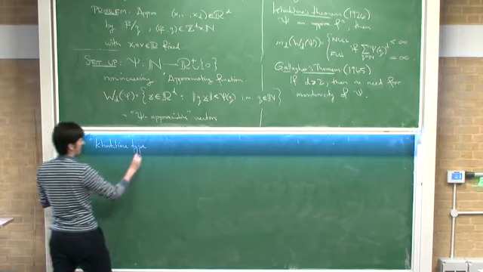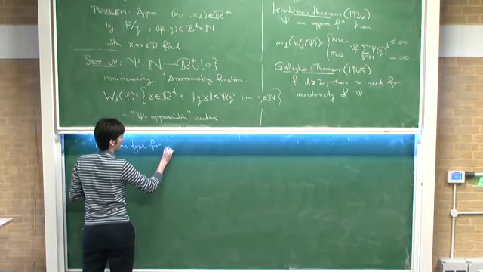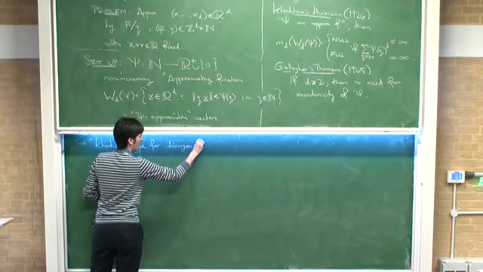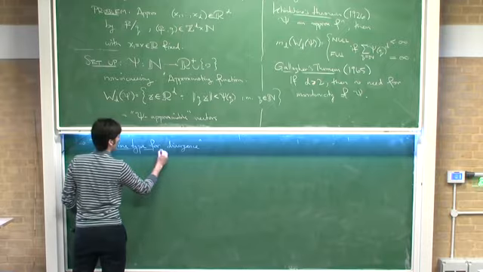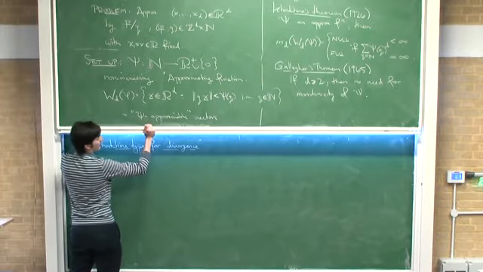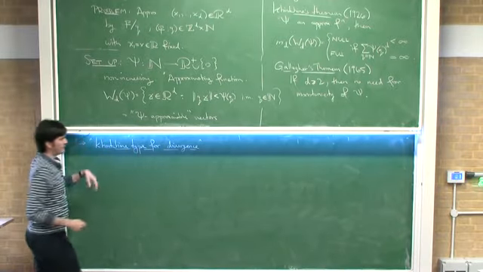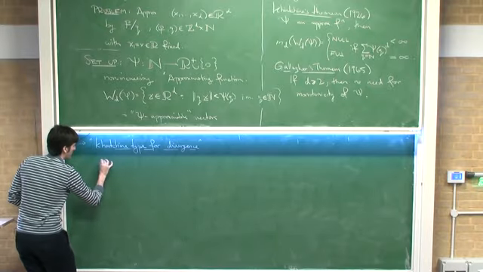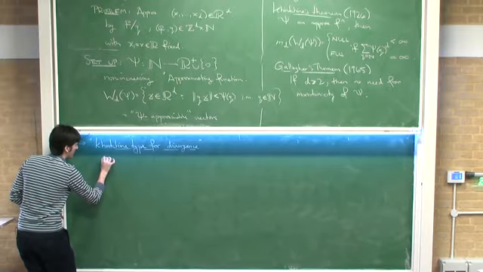Khintchine type for divergence. If we have a subset of R^n, or R^d, you can talk about whether or not it's Khintchine type for divergence. Let me write what this means.